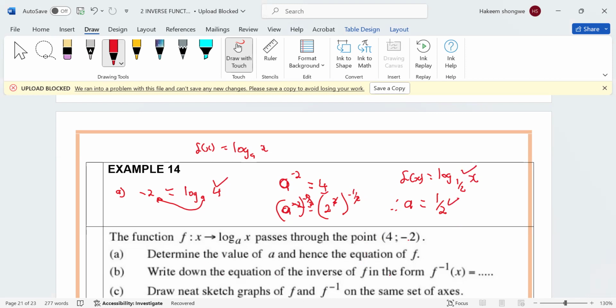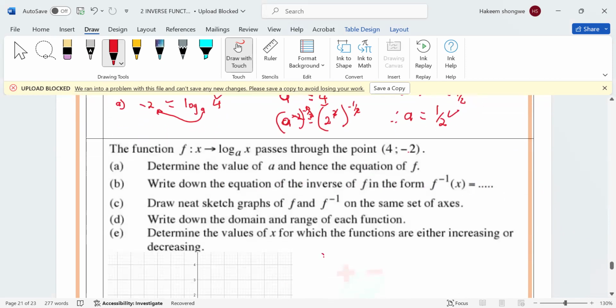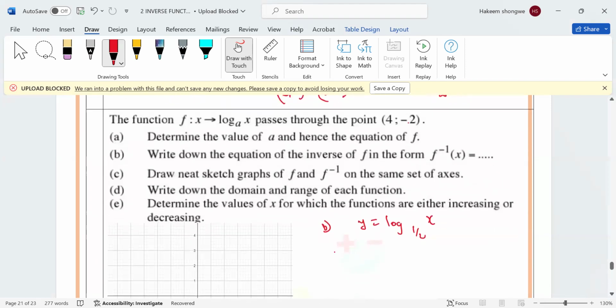Write down the equation of the inverse of f in the form f inverse of x. This one is straightforward. Whatever is x becomes y, whatever is y becomes x. On number B, we have y equal to the log base 1 over 2 of x. This is f of x. But the inverse says we have x equal to the log base 1 over 2 of y.